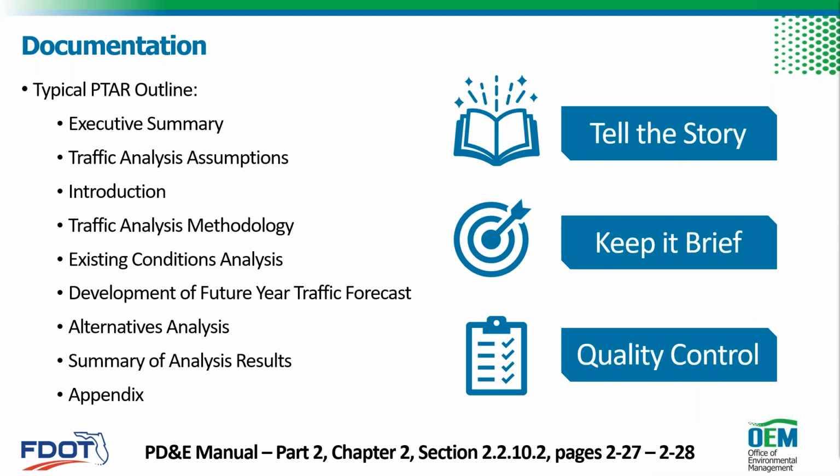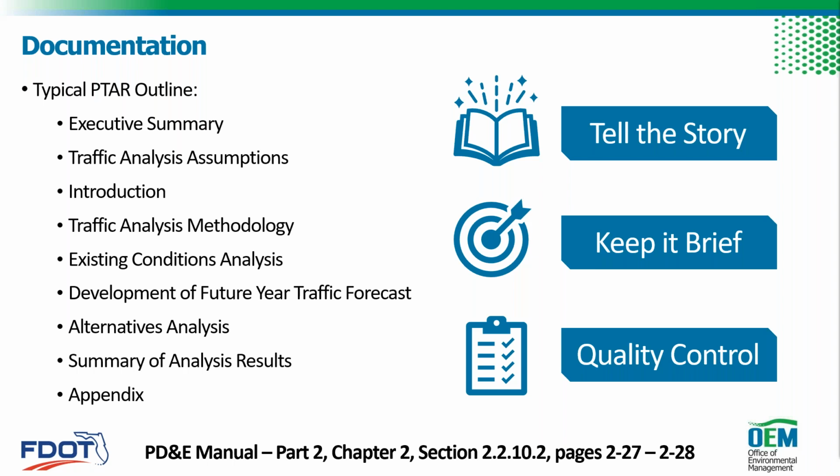So over to the left, this shows your typical PTAR outline. Usually you start with an executive summary followed by that analysis assumptions form. And then the main body of the report has the introduction, the traffic analysis methodology, existing conditions analysis, your future year traffic forecasts, then the analysis of your alternatives in future year, and the summary of the results in your appendix.